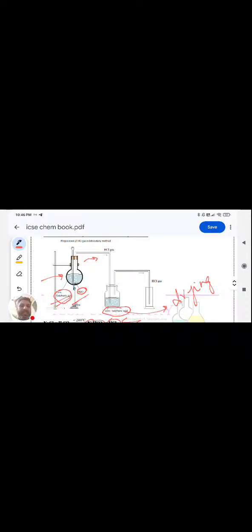So what is the drying agent used here? Concentrated sulfuric acid. Concentrated sulfuric acid is used as a drying agent to remove the moisture from HCl gas. Once you remove the moisture from HCl gas, the dry HCl gas moves this way, and here we collect dry HCl in the gas jar.